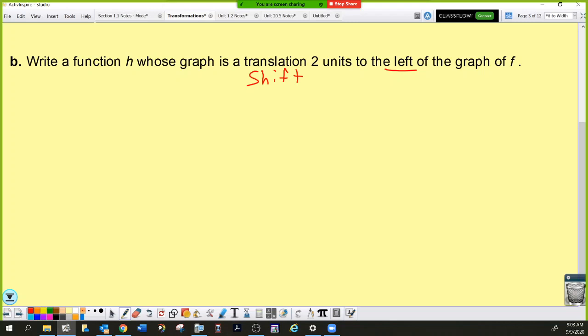Left and right. Which axis is left and right? The x-axis. The x-axis moves left and right. So I'm clearly changing my x's. My question to you is, would my x change be on the inside or the outside?